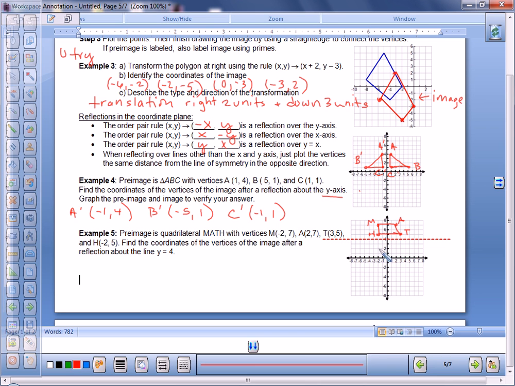Now this is up 1 unit. H is up 1 unit, so to do H prime, just go down 1 unit from your line of reflection. Got it? That's all there is to it. Okay, finish that one up.